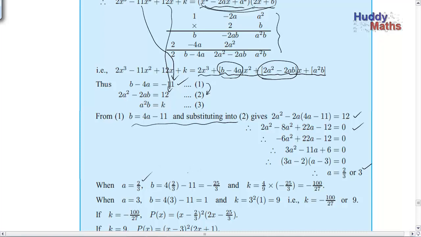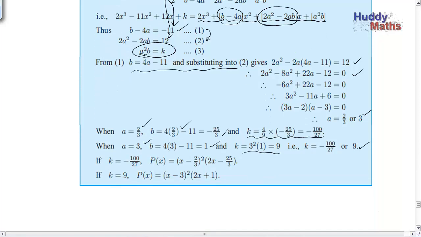So if a is 2/3, 4a take 11, which is b, is neg 25 over 3, and then subbing it into the k expression down here, we get that solution, and then when a is 3, we get that b, and subbing it into the k, we get that. So there's a few possibilities here. So the possibilities are k is neg 100 over 27.